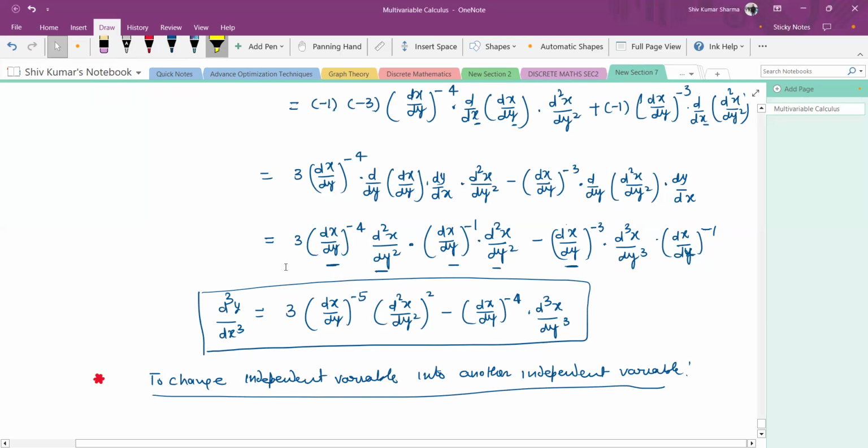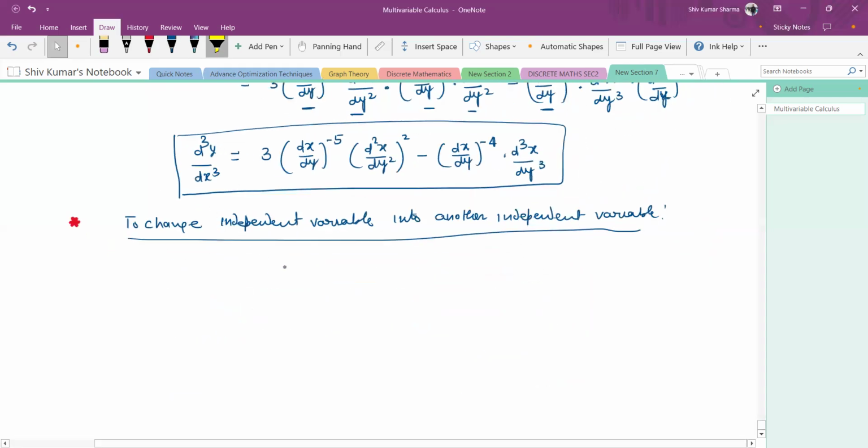So we write down as well, let y be a function of x and x is a function of t. So then we write down dy/dx as dy/dt and dt/dx.